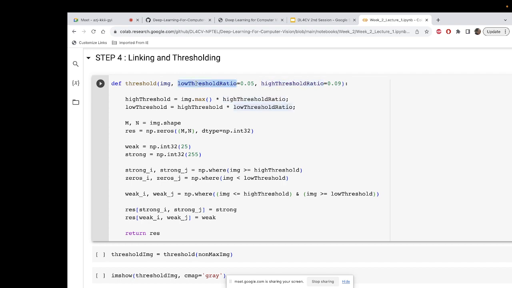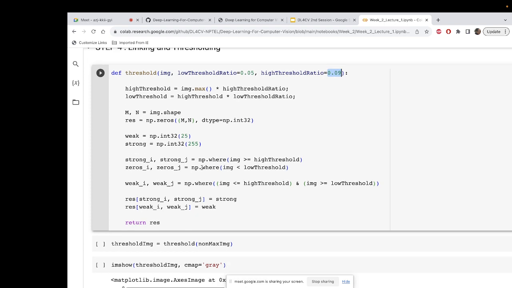If it is lower than the low threshold, that is lower than 0.05, I will say that the corresponding pixel location is not an edge point at all, eliminated, that is it. However, if it is in between the 0.05 and 0.09 or whatever the high and low thresholds are, then we will have to run an algorithm. The algorithm is very simple. The algorithm just says that if there is an edge point in my neighborhood, then I am an edge point, otherwise I am not, that is it.